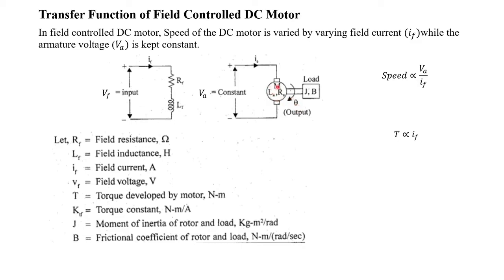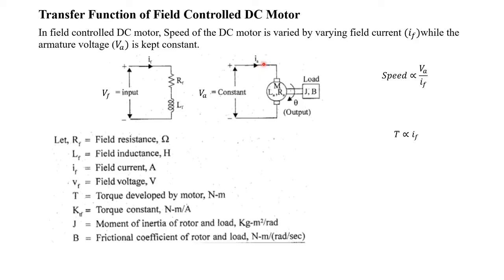Here, due to the rotation of the motor, there will be development of torque. This torque will be applied as an input to the mechanical load, and the value of torque will be directly proportional to the current in the field winding. In the armature control DC motor, we said that the torque will be directly proportional to the armature current, isn't it?